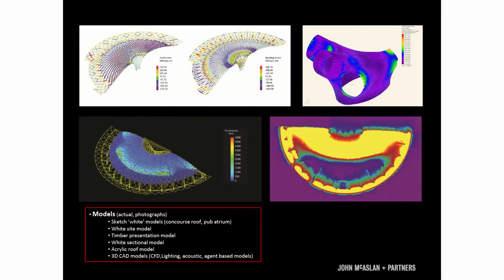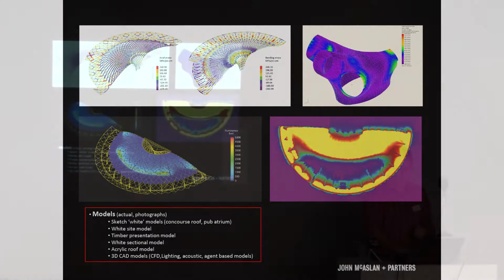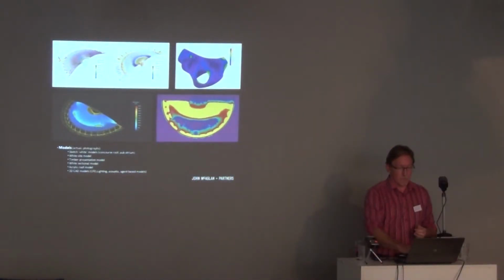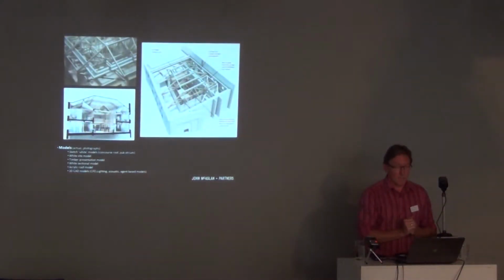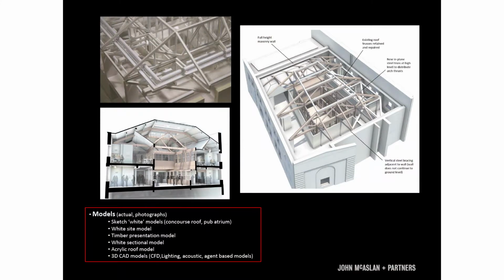Not only structurally, but also acoustically and in terms of lighting conditions. So these models were all really intensively tested digitally to verify the design, actually. Of course, there were instances where we worked both in physical and digital mode.